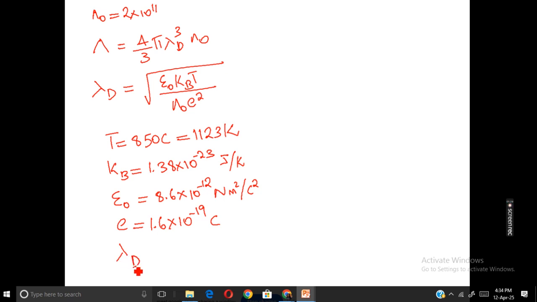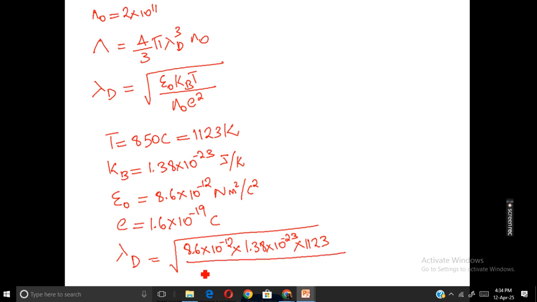So lambda d will be root of 8.6 into 10 raised to minus 12 into 1.38 into 10 raised to minus 23 into 1123 divided by n0, 2 into 10 raised to 11, into e square, which is 1.6 into 10 raised to minus 19 the whole square.